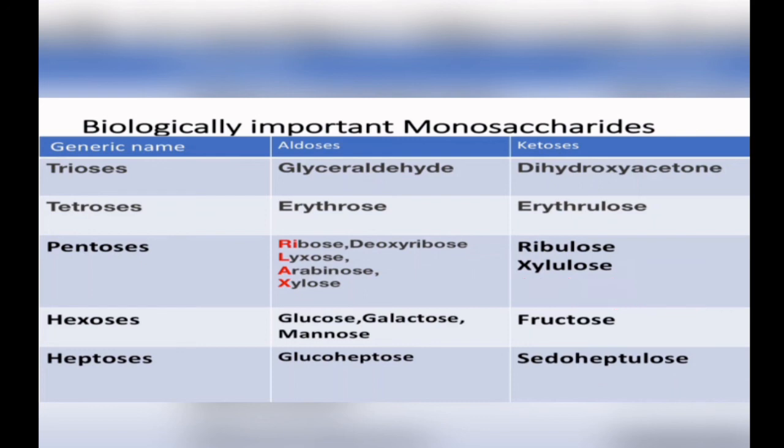Then glucose is a major source of energy in our body. Then galactose is a milk sugar. It is the milk sugar. It can be converted to glucose and utilized for energy. Then mannose. These are present in glycoprotein, blood group substances and glycolipids.